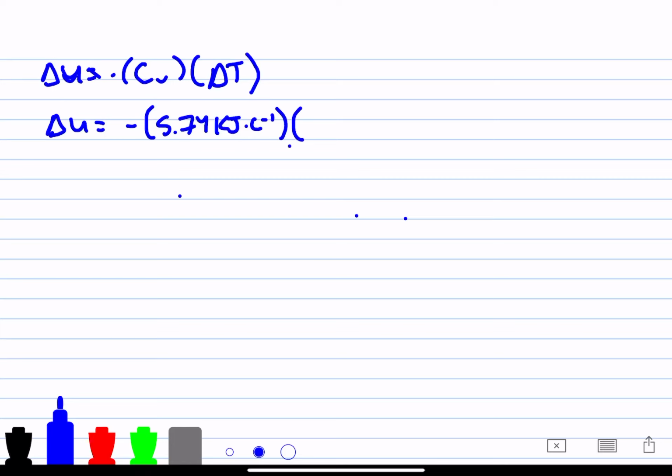Our change in temperature is going to be temperature final minus temperature initial, so 61.5 degrees Celsius minus 19.3 degrees Celsius. When we solve for this, we find out that we have 242.23 kilojoules. Now, this is with burning 17.2 grams, which is not quite a whole mole.